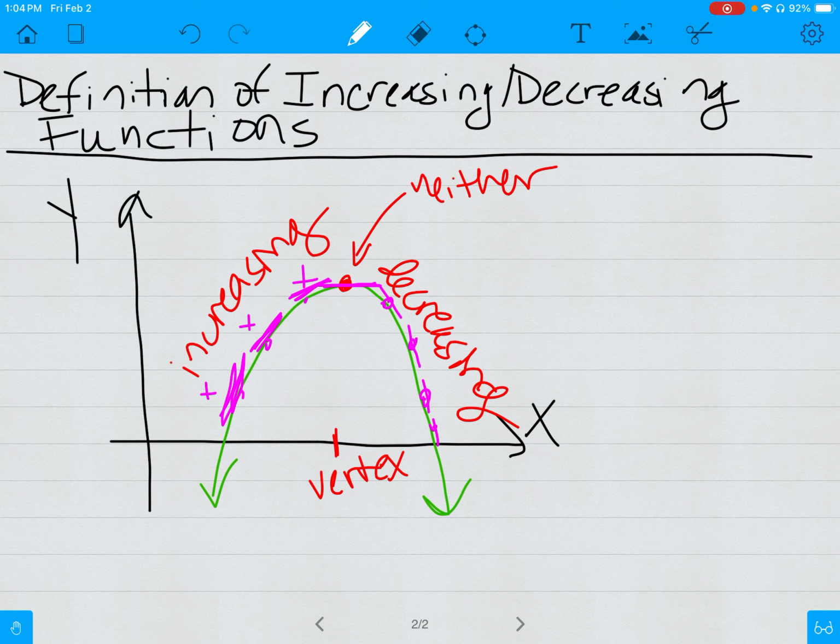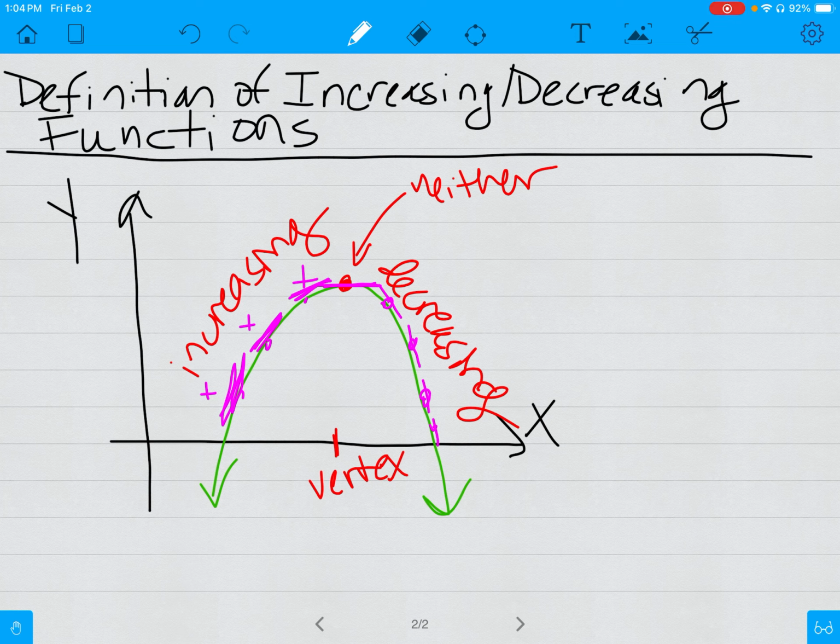And a horizontal line, its slope is zero. Therefore, at that point, because we have a zero slope of the tangent line, it is neither increasing nor decreasing. Okay. So this is one way to think about where functions are increasing and where they are decreasing, by looking at them graphically.